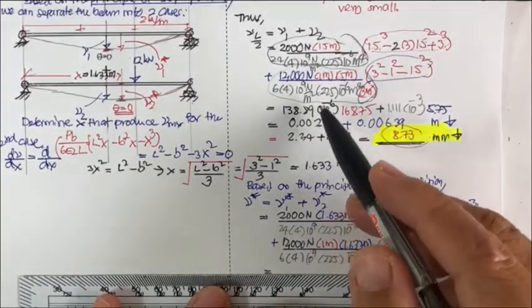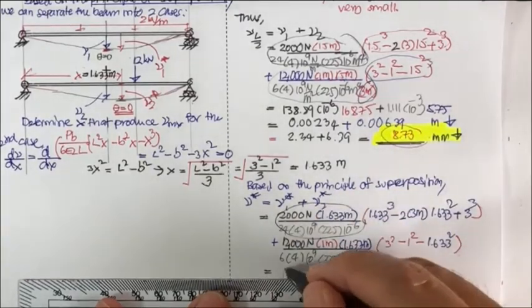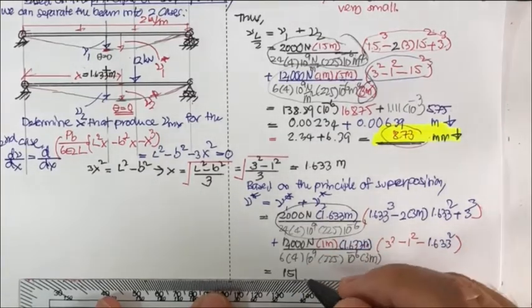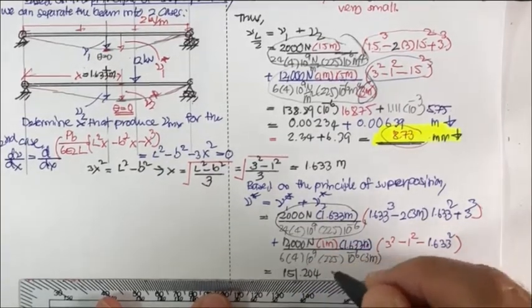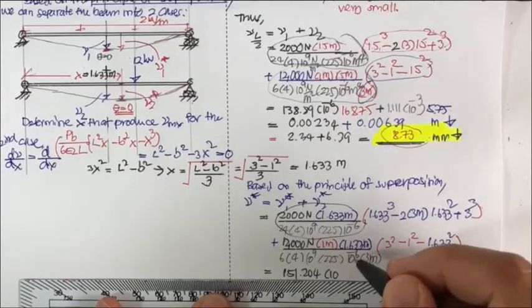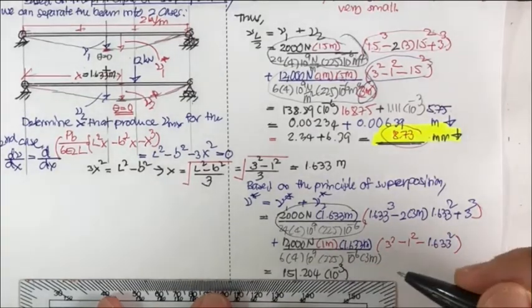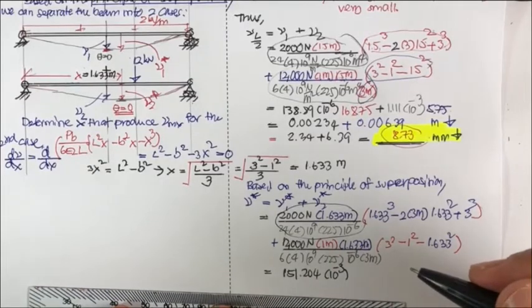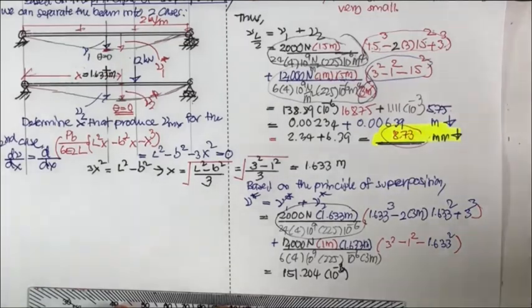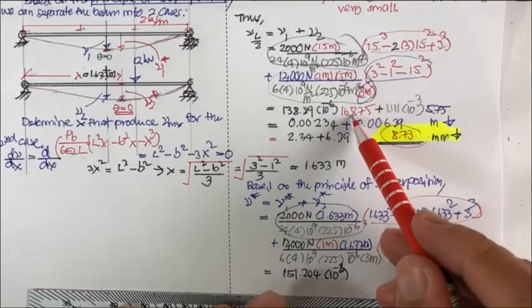The first part is going to be 151.204, and then 10 minus 3, 10 minus 6, and then times this number, which changed. This used to be this.